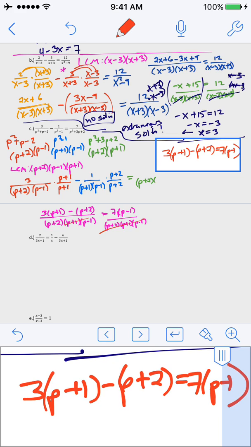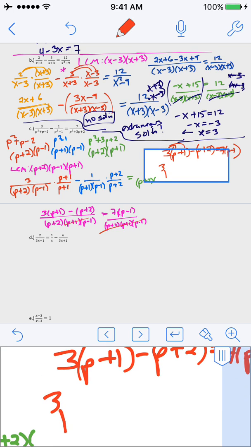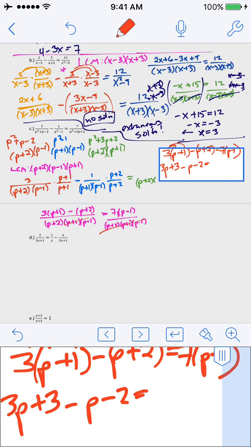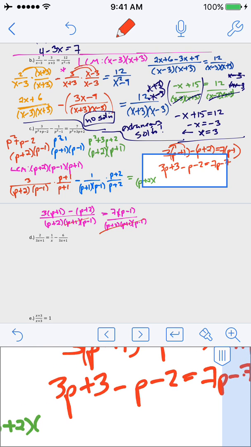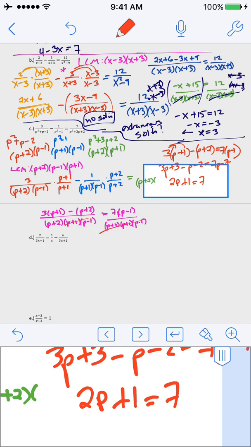And this is just a simple distribution problem. Distribute, I get 3p plus 3 minus p minus 2 equals 7p minus 7. So 3p minus p would be 2p, plus 1 is equal to 7p minus 7.